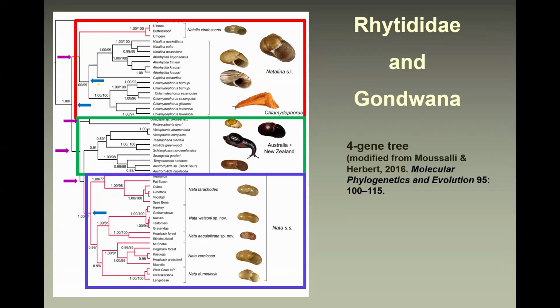So this topology that we're looking at here is not reliable. The strength of support indicates that the positions of those things could change. And this is a perennial problem at the moment with the phylogenetics of land snails, that the deeper nodes are difficult to resolve, difficult to get reliable support levels for the topology.